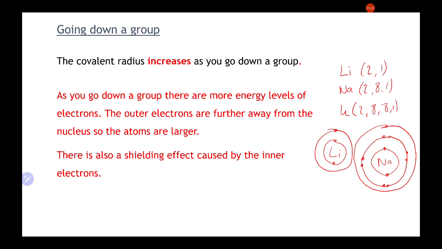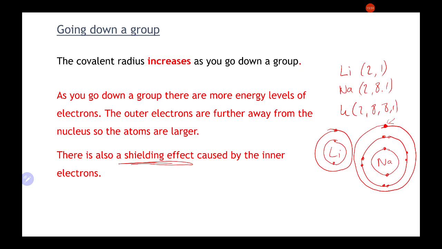So what we're also talking about here is this thing called the shielding effect. Which basically means that these outer electrons, say this wee electron here, your outer electron in sodium, is being shielded from the nuclear pull of the protons in your sodium atom. These shells here are protecting it from the nuclear charge from the protons in here.